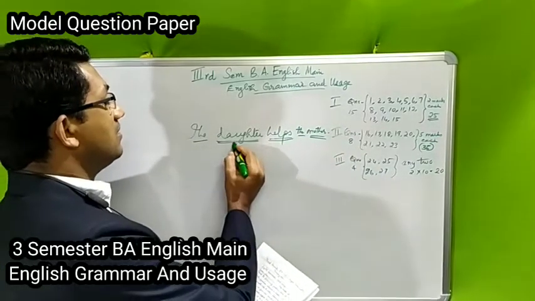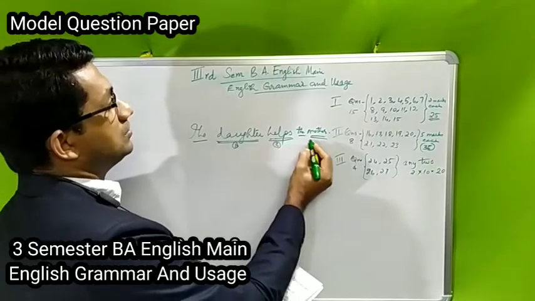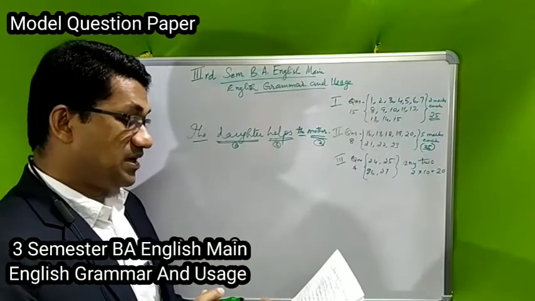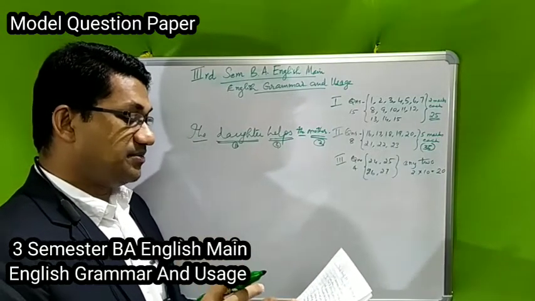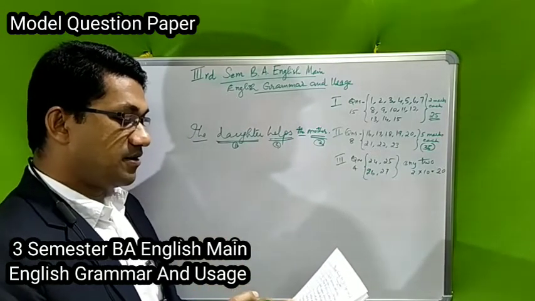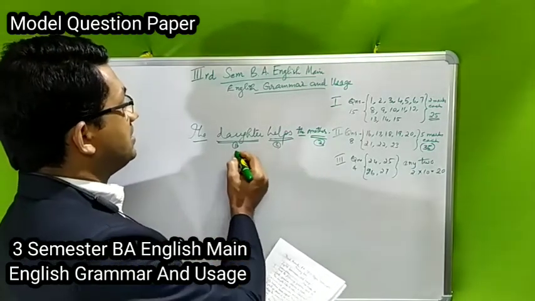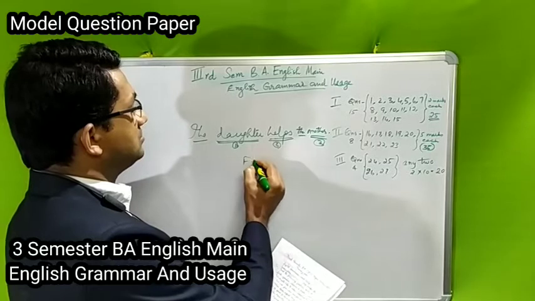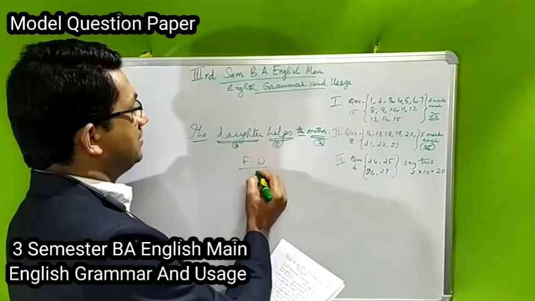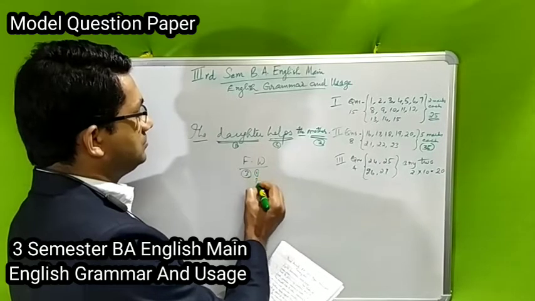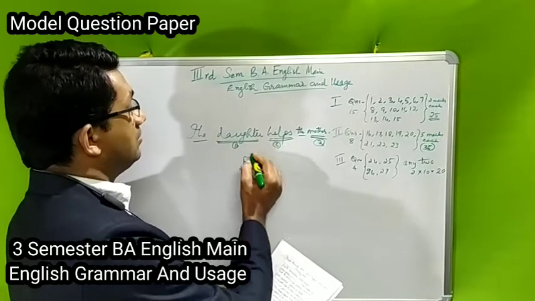So these 3 words, daughter, helps, mother, are form class words. So we will say that form class words we have 3, 1, 2, 3.